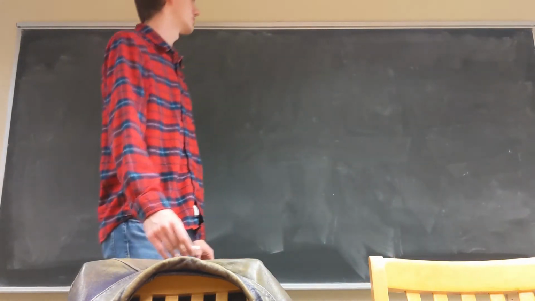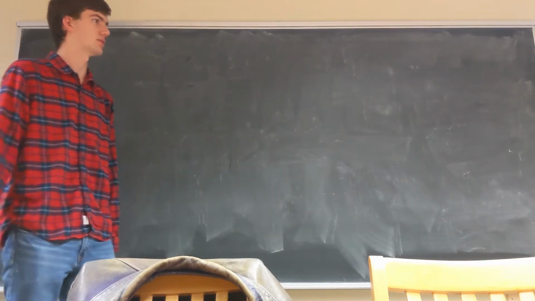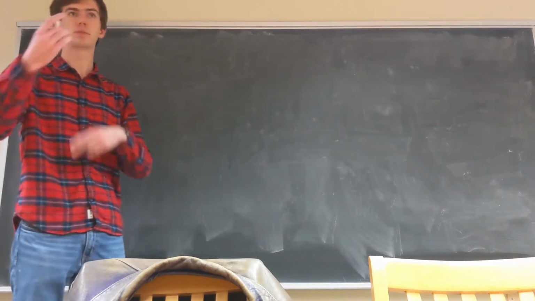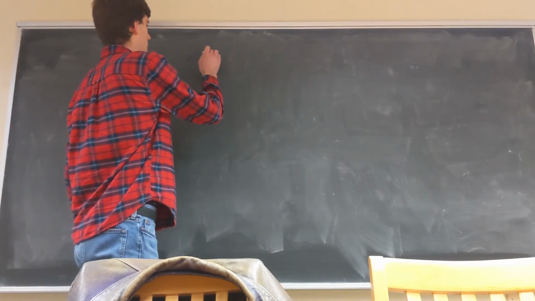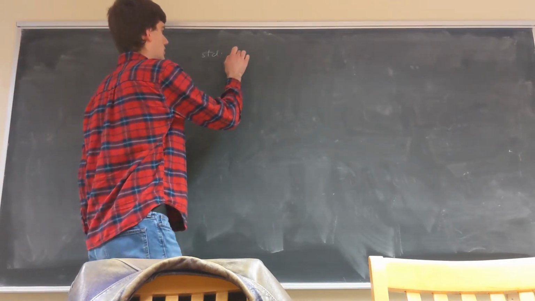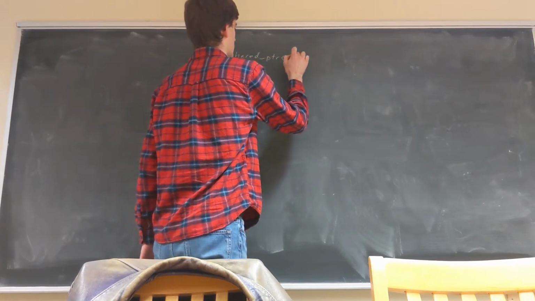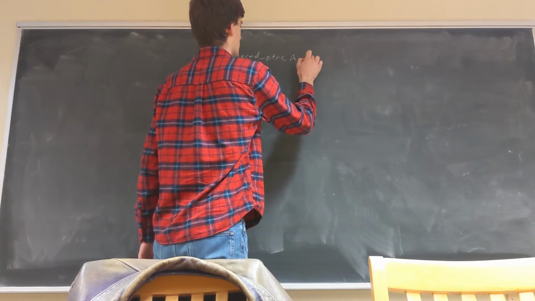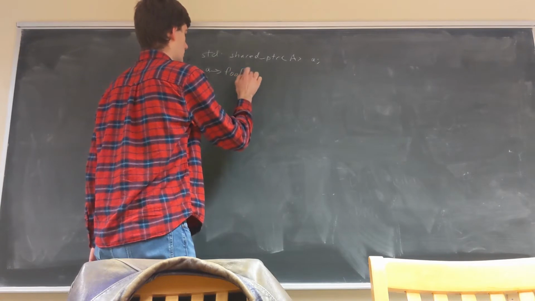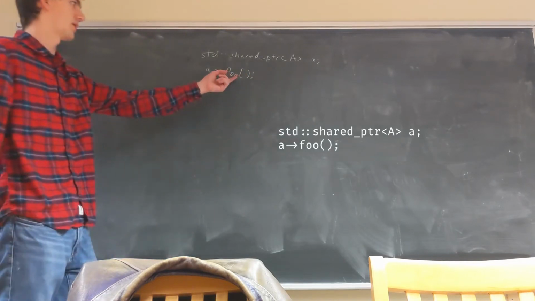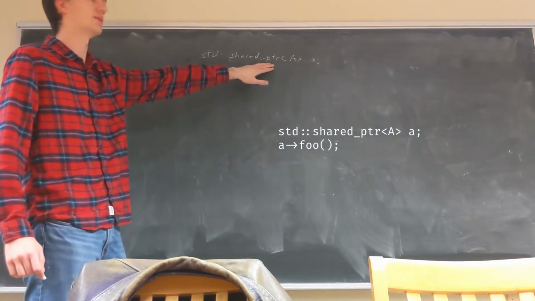Another one that I briefly introduced, smart pointers, which I briefly noted that you can use just like pointers. So it's a class that wraps a pointer and gives you a bunch of other functionality, but you can use it just like a pointer. If you have a shared_ptr to some type A, let's call that A, you can do a foo, assuming there's a member method called foo in the class A. You can use it just as if it was a pointer, but this is a class.